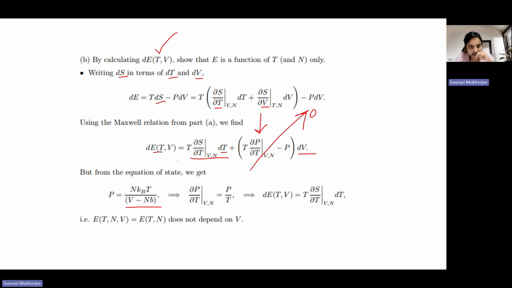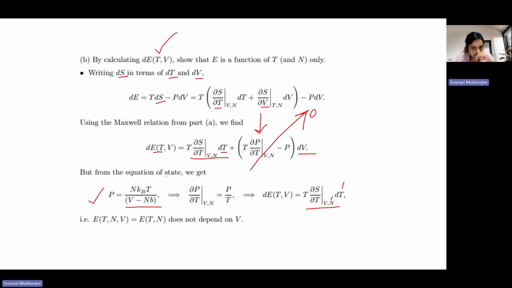This is telling you that dE is only dependent on this term. Okay. So you can see it just depends on T and N, and it does not depend on V. Clear? Because the entire coefficient in front of dV has gone to zero, right? Just by using the equation of state.